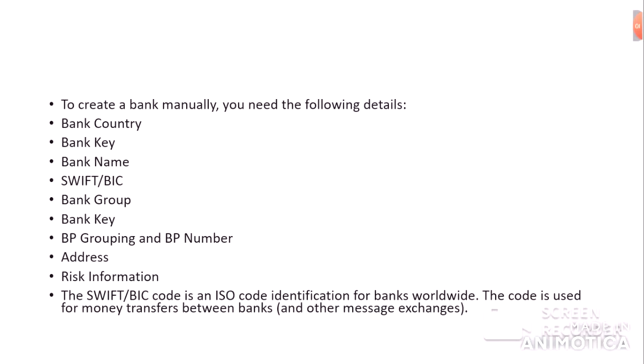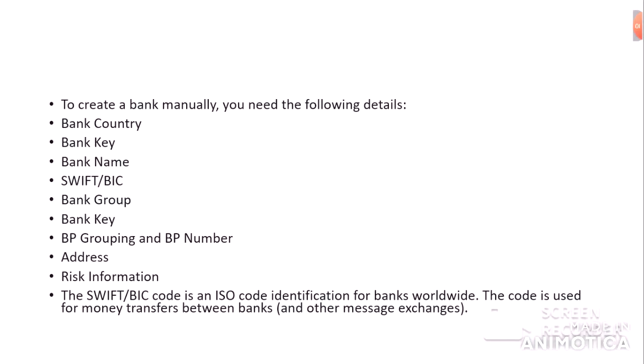To create a bank manually, we need the following details. We need to know the bank country, bank key, bank name, SWIFT code, bank group, BP grouping and BP number, address, and risk information.